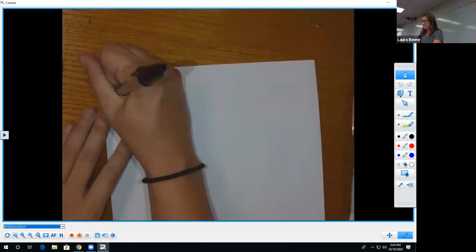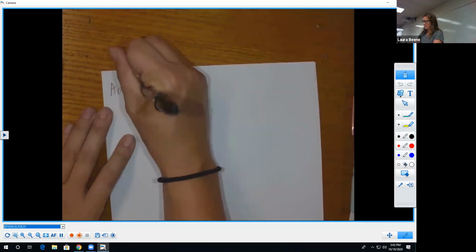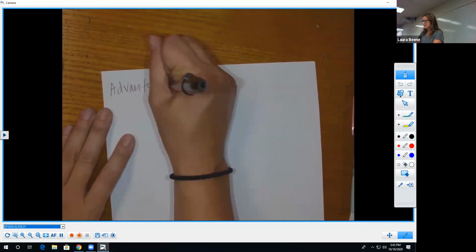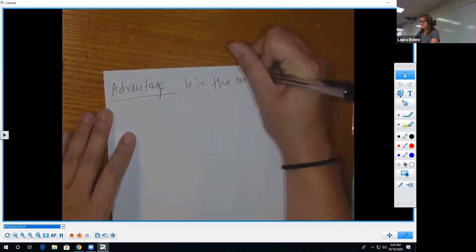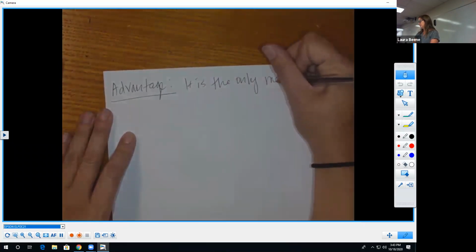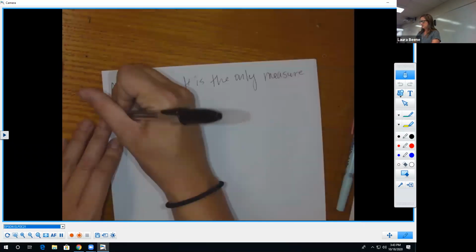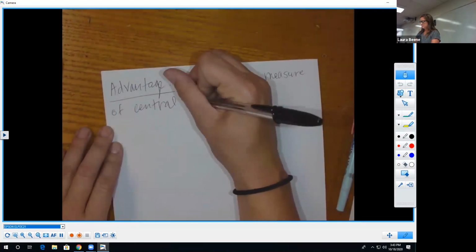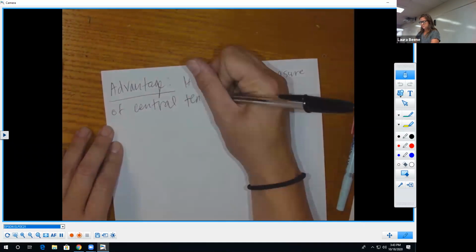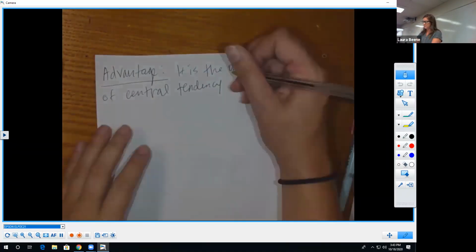The purpose of the mode, the advantage of using the mode, is that it is the only measure of central tendency that you can use with qualitative data.